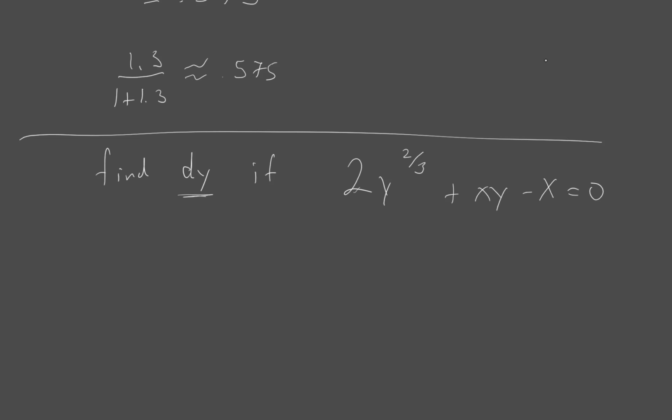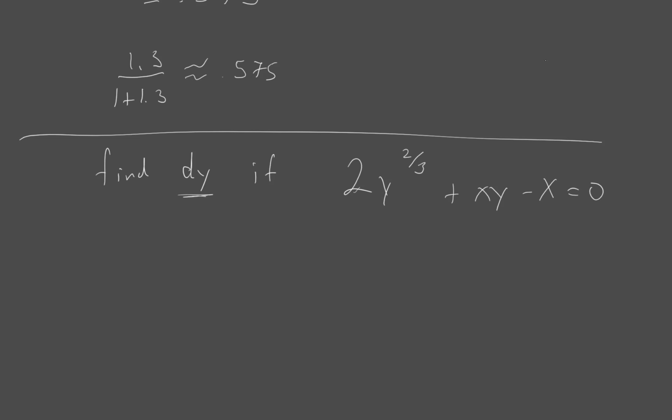So we want to find dy. So we're going to do just implicit differentiation. We're going to find dy dx, and then we're going to get dy by itself by moving the dx to the other side, basically.